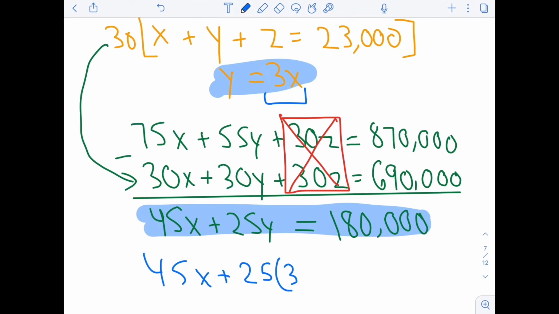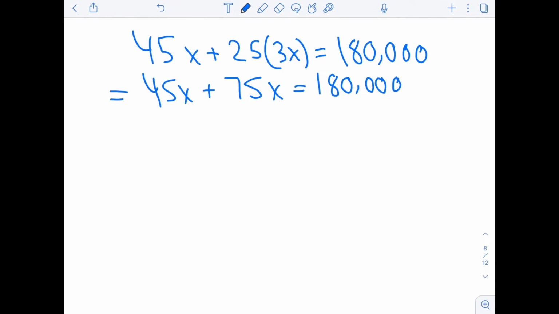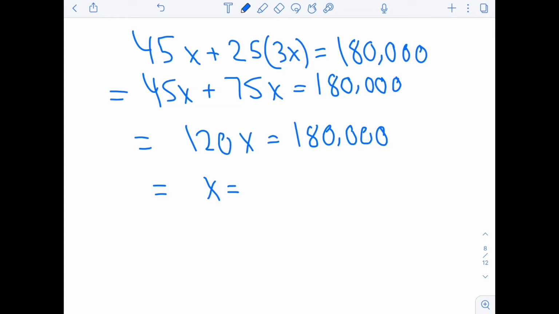So 25 times 3x equals 180,000. So now we can just solve for x. So 45x plus 25 times 3x, which is 75x, equals 180,000. And 45x plus 75x is 120x. And when you divide both sides by 120, you'll get that x equals 1,500.